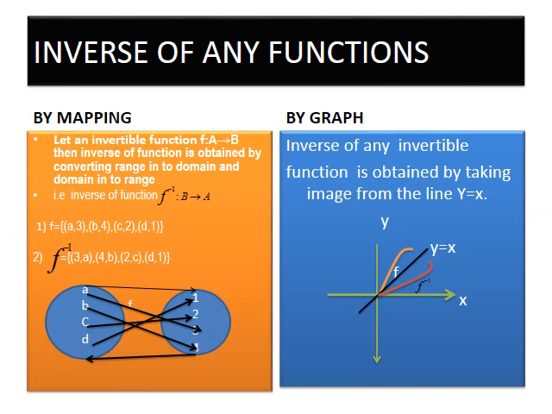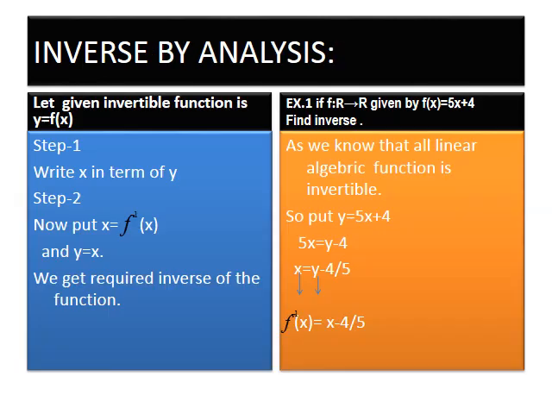Now just see the example. F is given here in the diagram, and we take the image in the line y equals x. After taking the image, we get f inverse. Okay everyone, in this way we can find the inverse of any invertible function by using the graph.